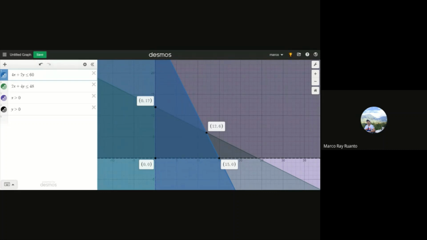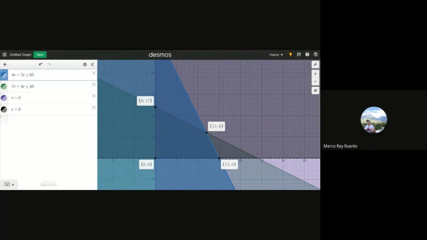And the set of all feasible solutions, we call that our feasible region. This quadrilateral that encloses it, that is our feasible region.